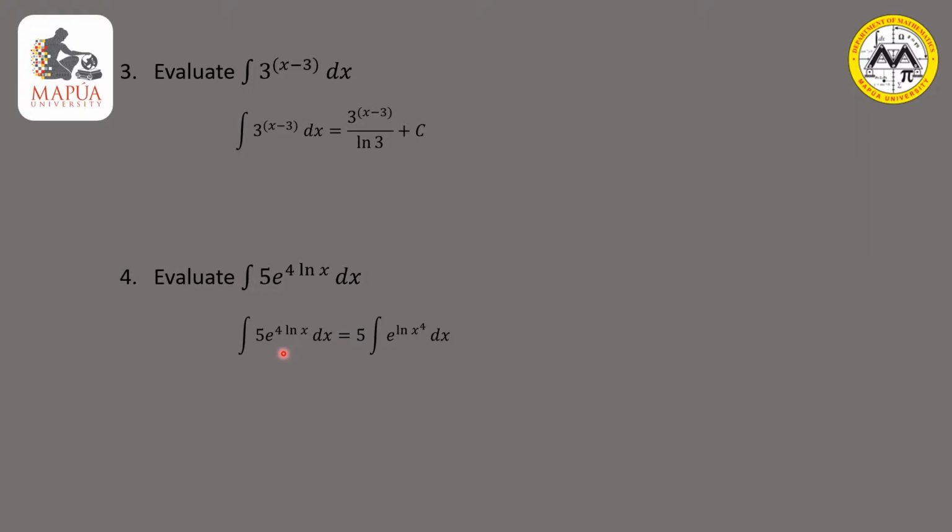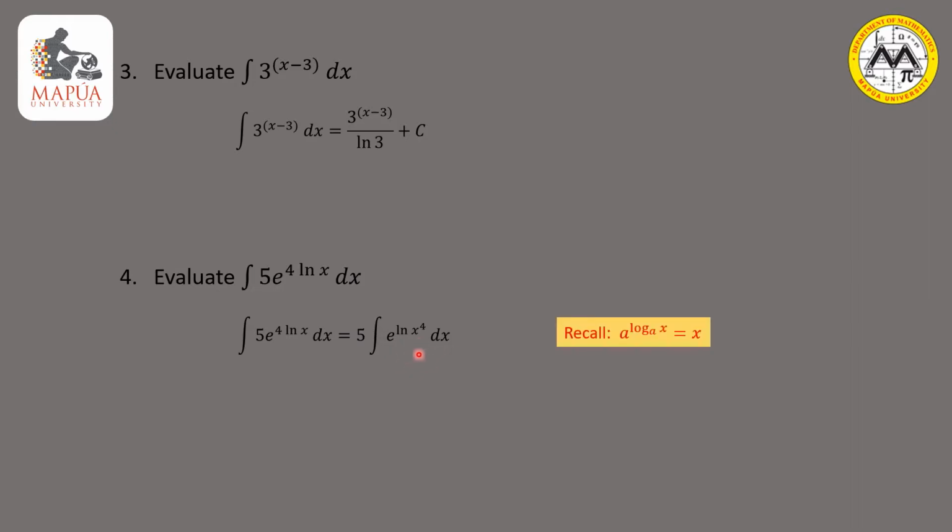You have b log of a is equal to log of a to the b, so that 4 ln of x is just equal to ln of x to the 4th, and this integral of 5 e to the 4 ln of x dx can be written equal to 5 the integral of e to the ln of x to the 4th dx.